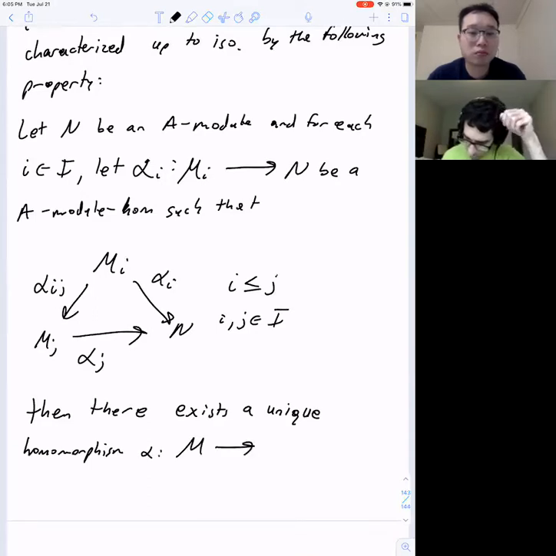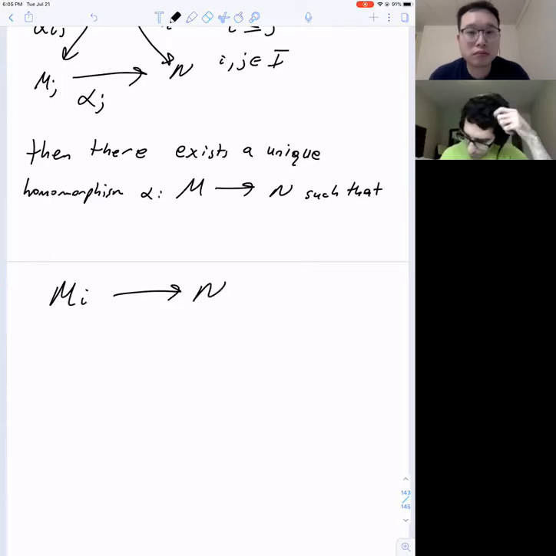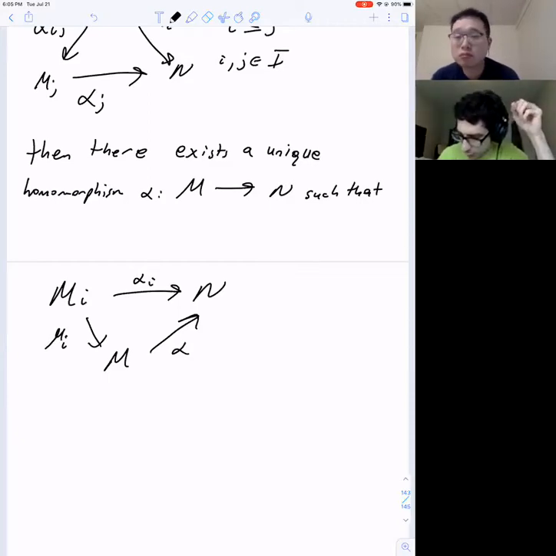alpha going from M to N such that, so you have alpha_i going from M to N, and then I have M, and here this mu_i is commutative.